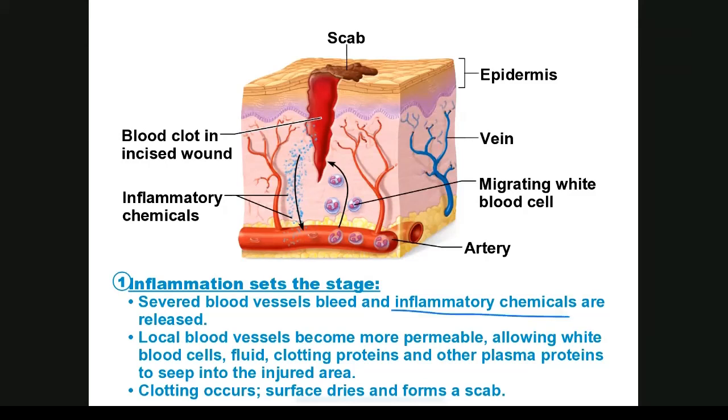Those chemicals are going to cause the vessels to become more permeable and allow white blood cells, fluid, clotting proteins, and other plasma proteins to come into the injured area, and it's going to clot, and you're going to get the formation of a scab here on the surface. This is your dermis here.